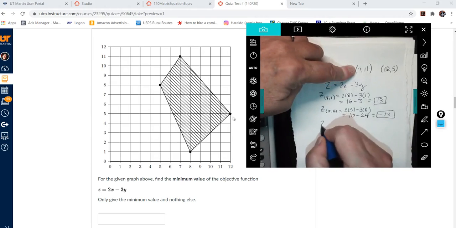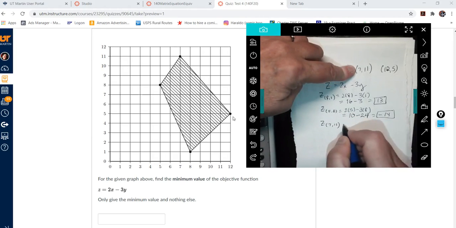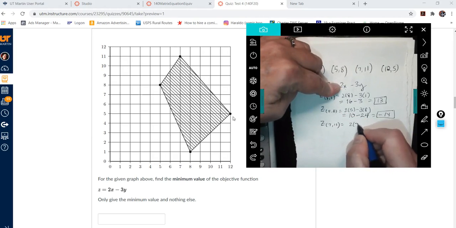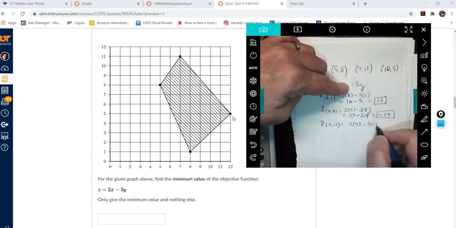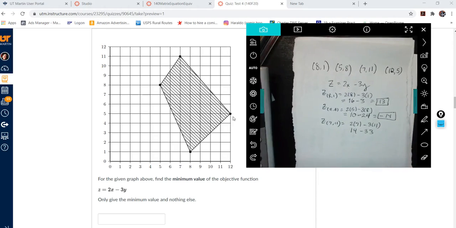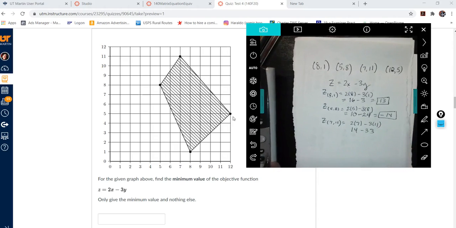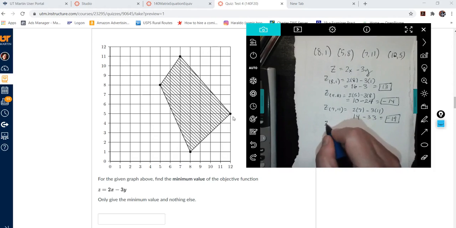And then I have 7, 11. So I have 2 times 7 minus 3 times 11. 14 minus 33. That will give me negative 19. And then I've got 12, 5.